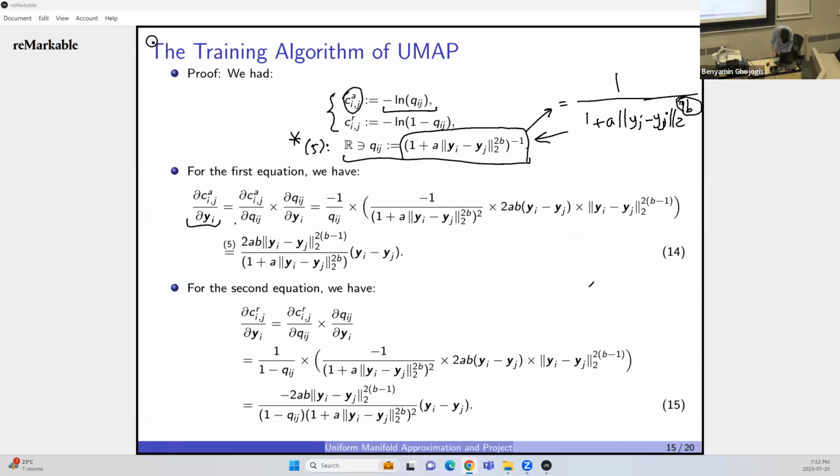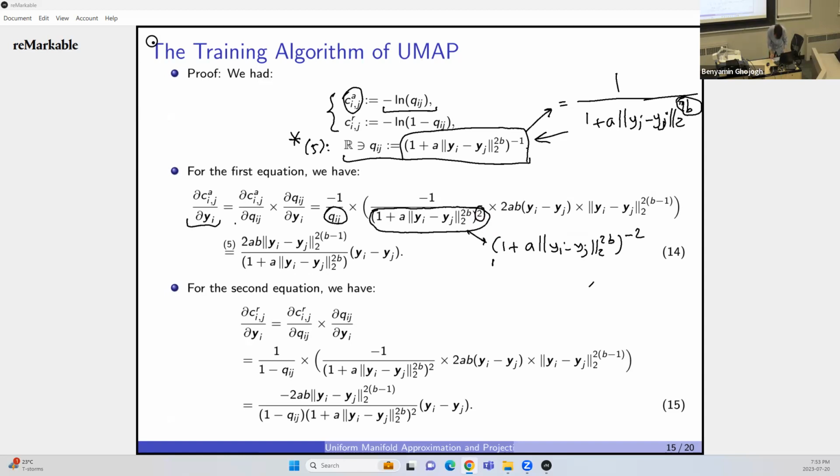Okay. So here I have qij. Also, what is this? According to equation 5, you can write it as 1 plus a yi minus yj to the power of 2b, to the power of minus 2, right? I bring it to the numerator, minus 2. This is 2 here.